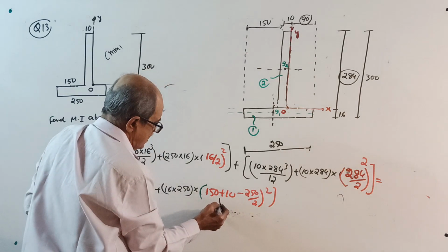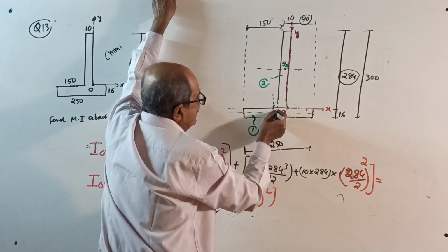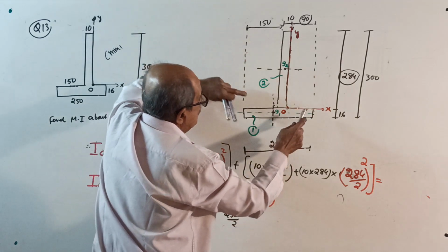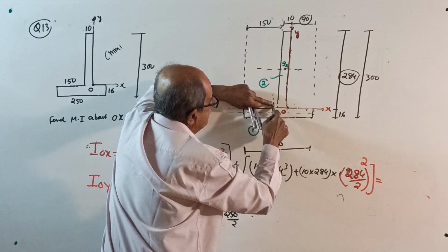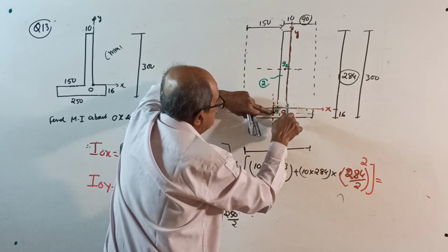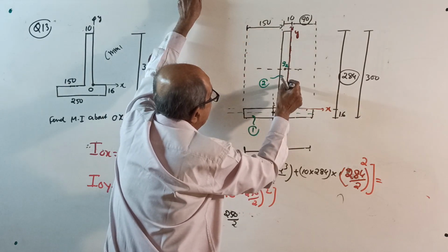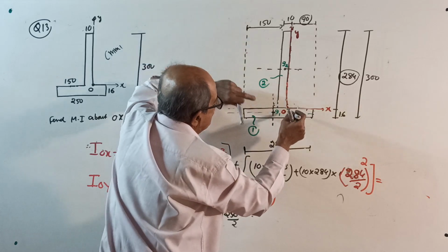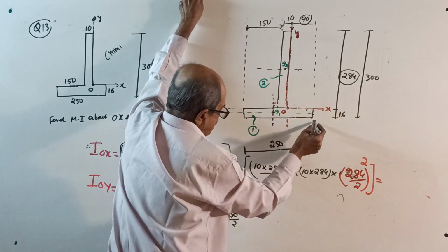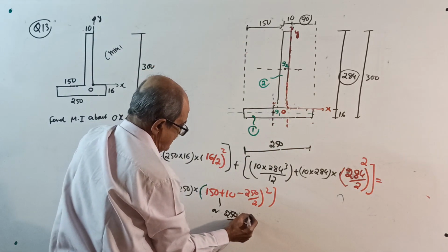Or you can do one thing. See, this is 250, so from here to here is 250 by 2. Both are okay. From this distance, subtract this distance. See, we want from the centroid to this axis. Our axis is here. See correctly, where is the axis? Required axis is here. So we want this distance square. That is 250 by 2 minus this distance, which is 90.